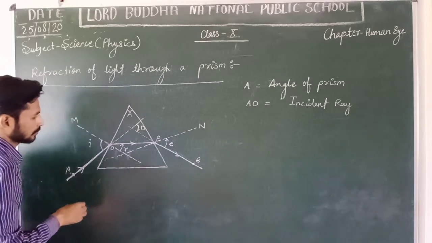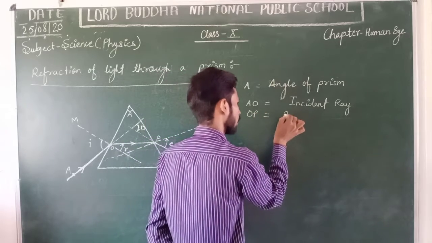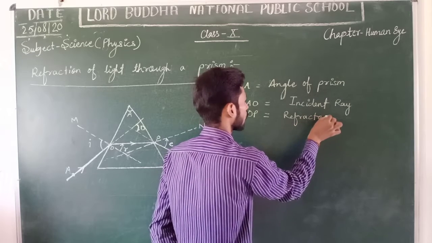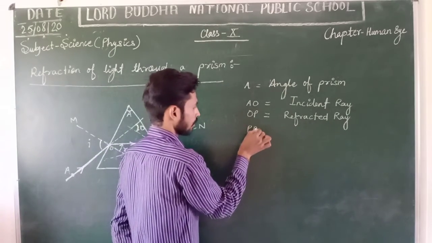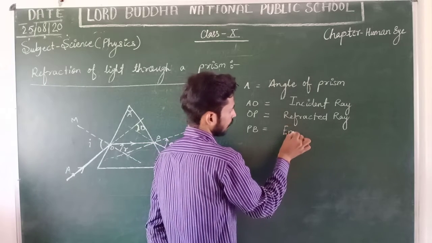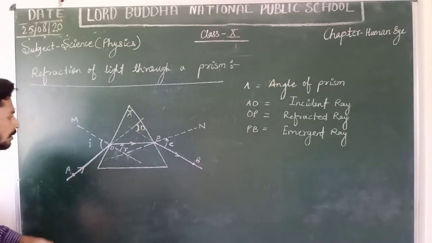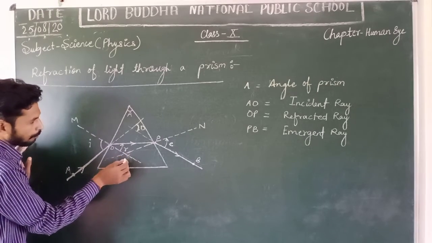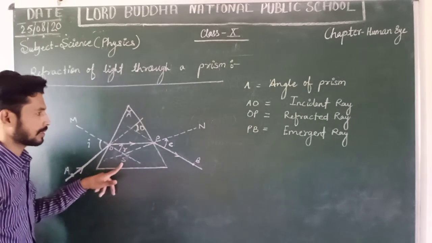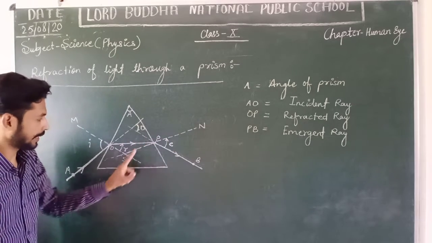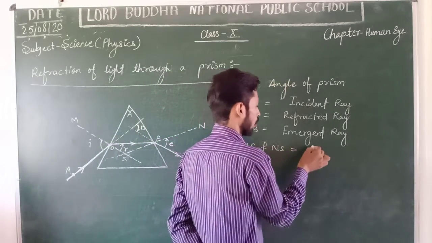And here I am taking a point S. MS is the normal and NS is also a normal.